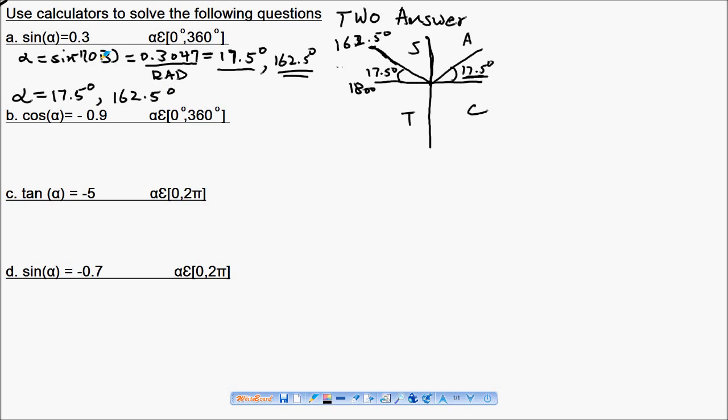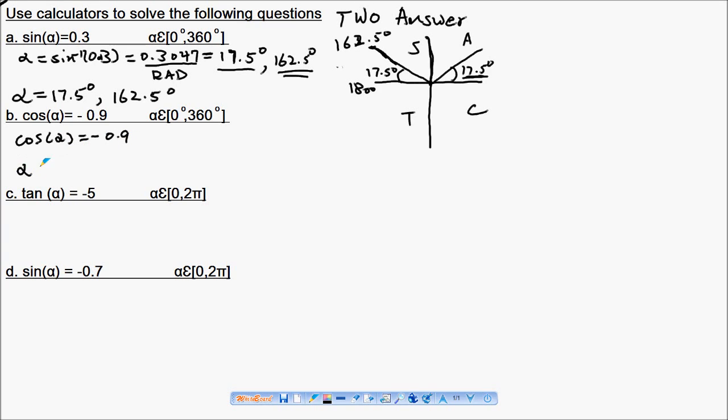Now let's look at question B, where we have cosine alpha equals minus 0.9.